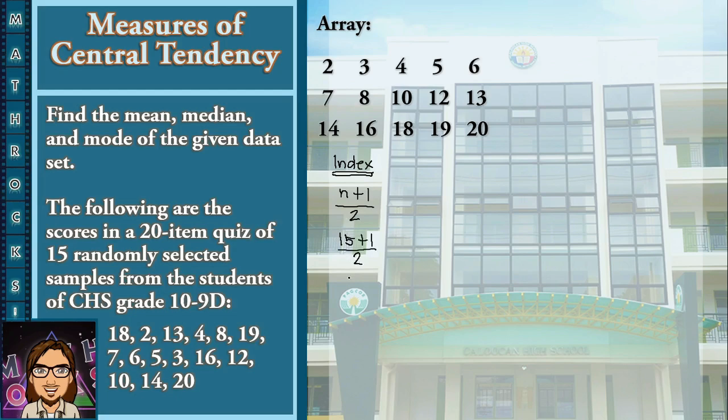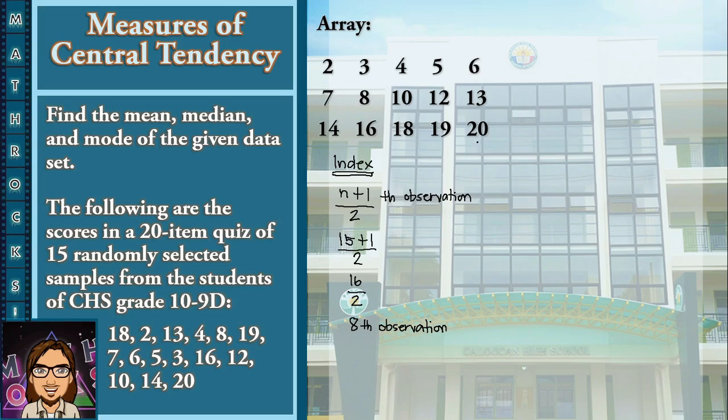Next, we simplify and that gives us 16 over 2 or 8. So that means the median has this particular index, and this tells us that the eighth observation in a given array is our median. Again, this index only tells us the relative position of the median in the given array.